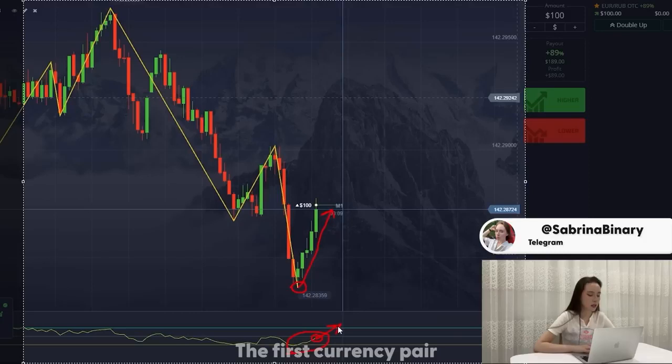According to the settings, the zigzag connects with straight lines the tops and bottoms formed on the chart. It should be taken into account that the last line of the indicator is still in the process of being drawn, and it may be redrawn until the last maximum or minimum is finally formed.